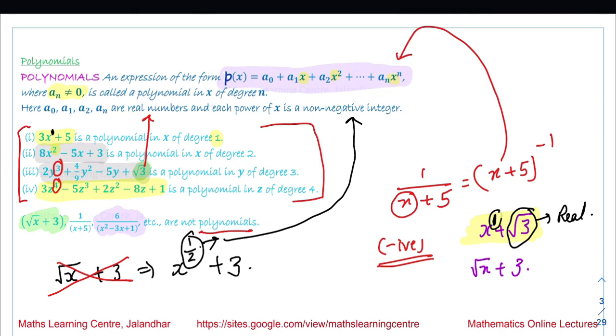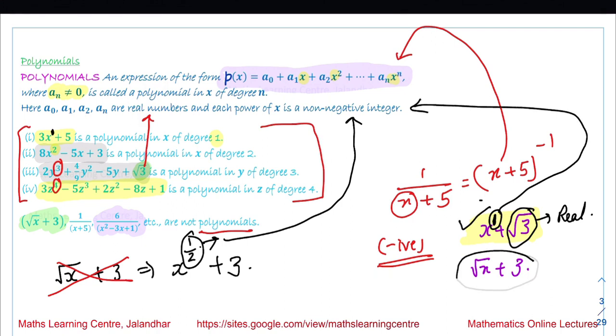The power of x is a non-negative integer, so this is a polynomial. But √x + 3 is not a polynomial, because the power of x is 1/2. The power of x should be a non-negative integer.